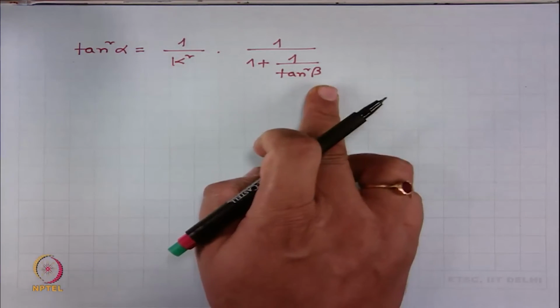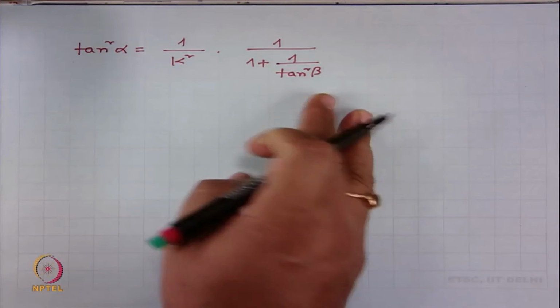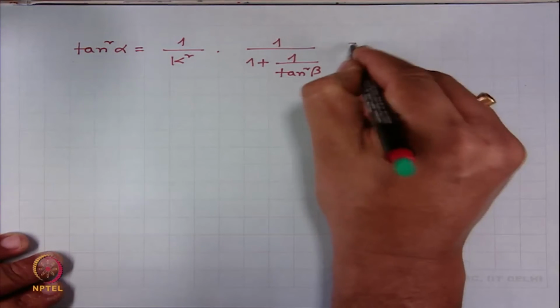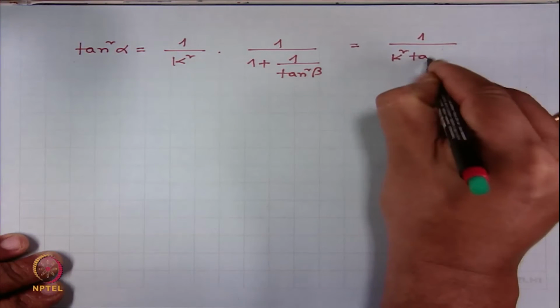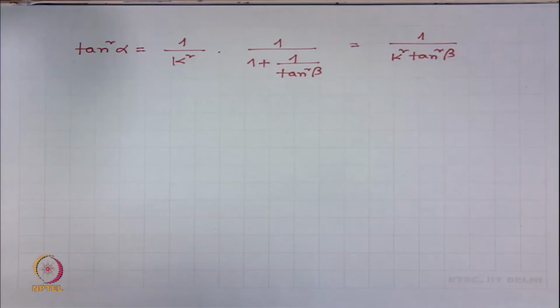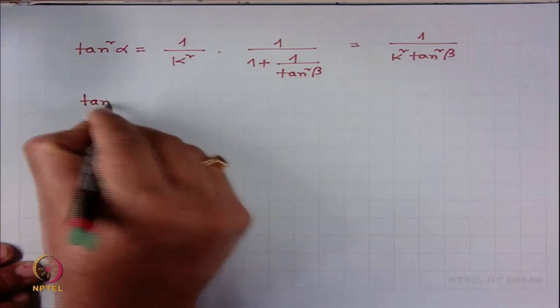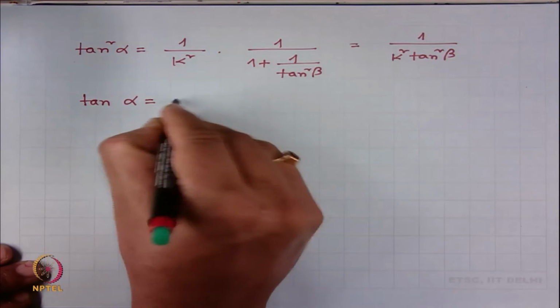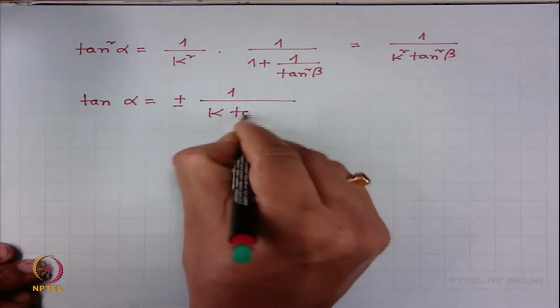A very large quantity plus 1 remains that large quantity. So, this becomes k square tan square beta. So, tangent alpha is equal to plus minus 1 by k tan beta.